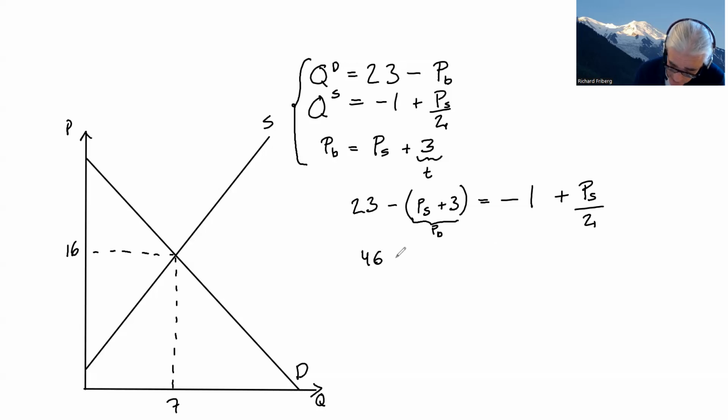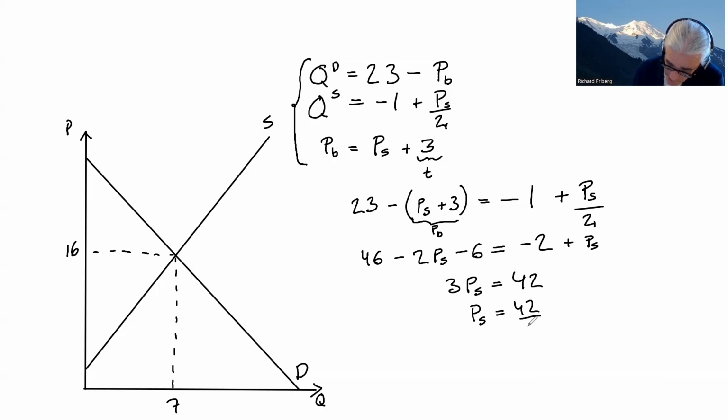So this gives us 46 minus 2 PS minus 6, take away the parentheses, equals -2 plus PS. Okay, so collecting terms here, 3 PS equals 42, or PS equals 42 over 3, which equals 14.